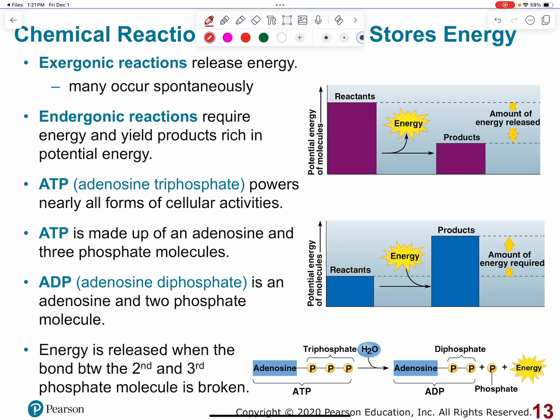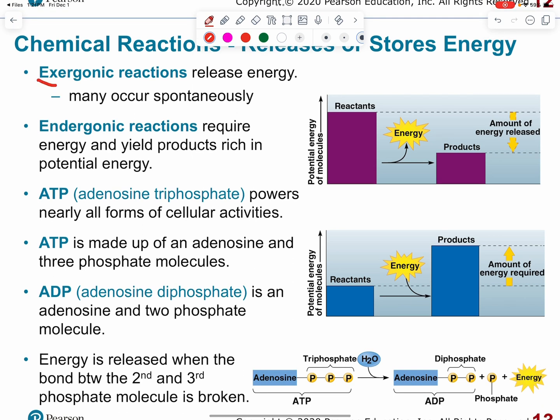Okay, there are reactions that are exo and endo. So this is in. Heat will go into the reaction, and this is heat going out.